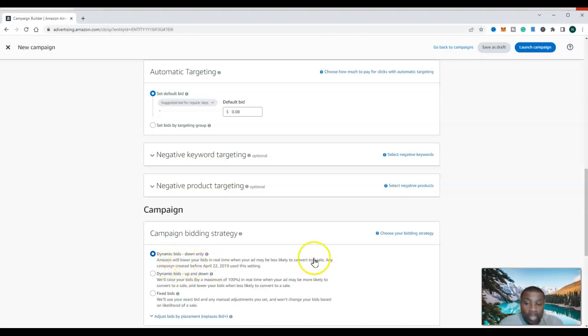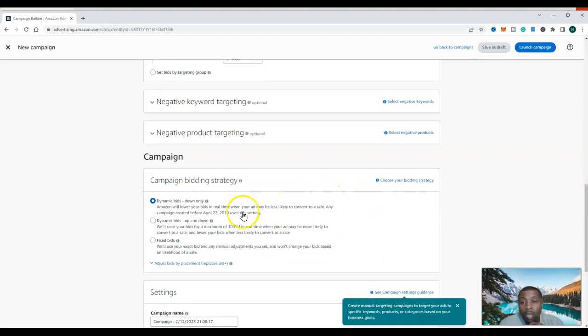So dynamic bids down only, I selected, which means that Amazon will lower your bids in real time when your ad may be less likely to convert to sales. Any campaign created before April 22nd, 2019, uses this setting. And they have other ones, like fixed bids, where it stays at a certain bid. I didn't want to do that. And dynamic bids is going to go up and down.